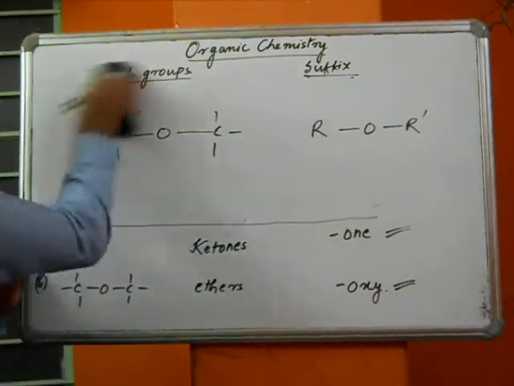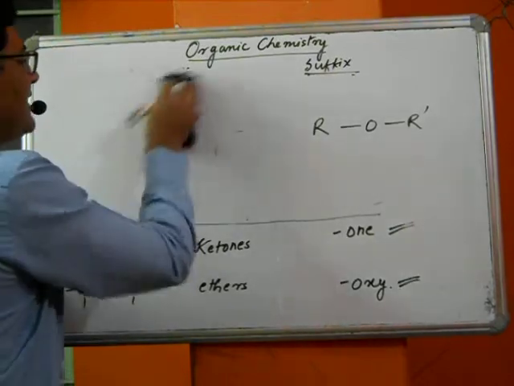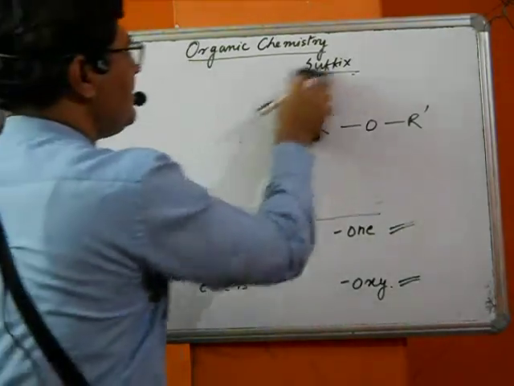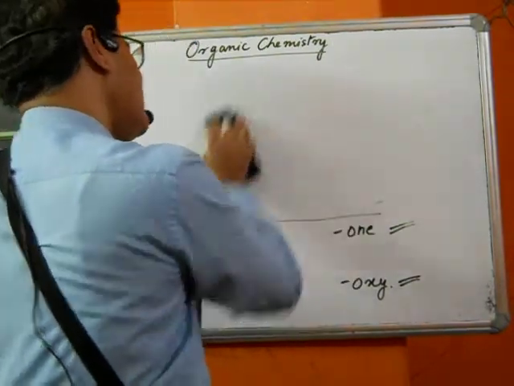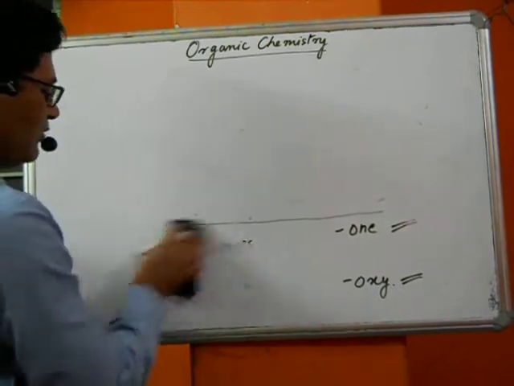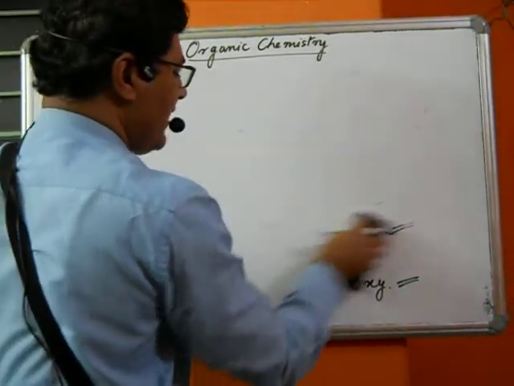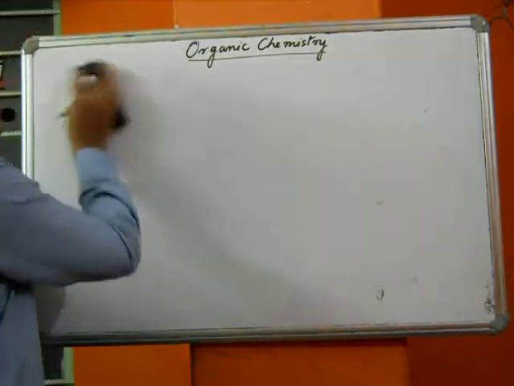When I discussed the difference between saturated and unsaturated hydrocarbons, I said saturated hydrocarbons show only one type of reaction and unsaturated hydrocarbons show only one type of reaction. So we will understand the type of reactions they show.